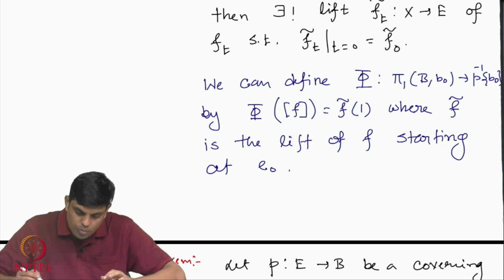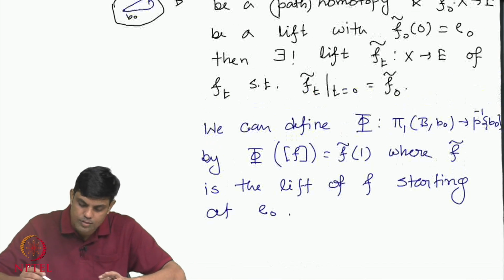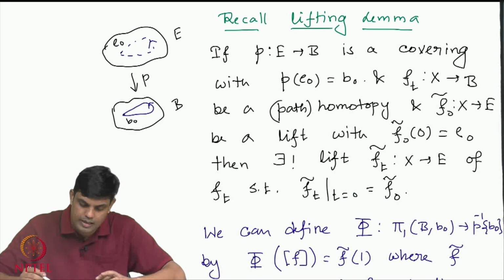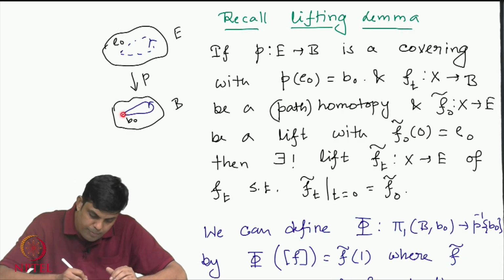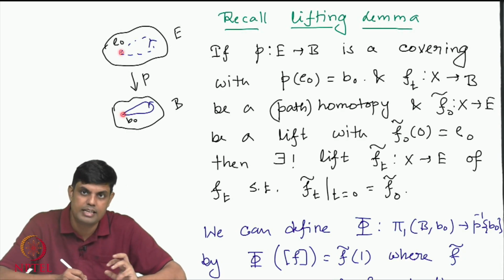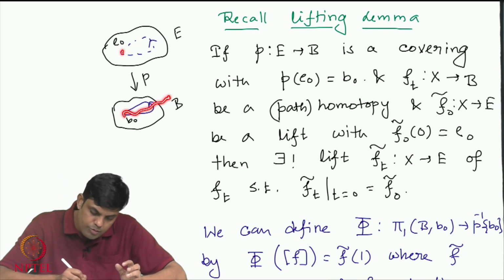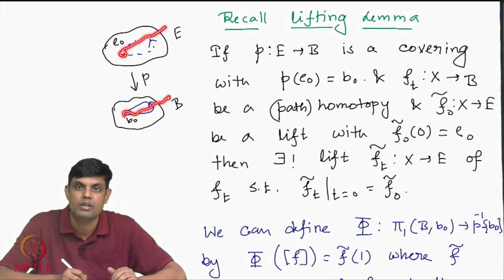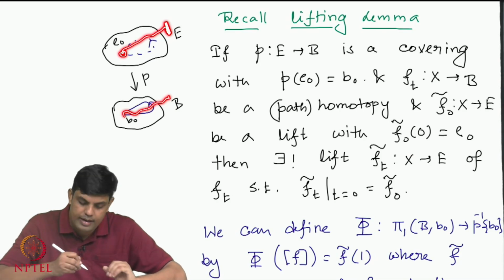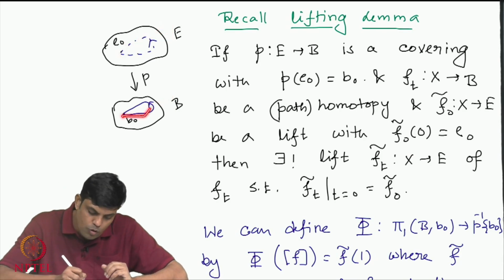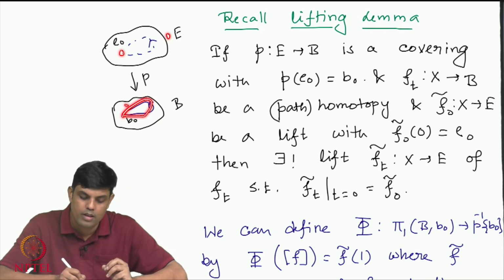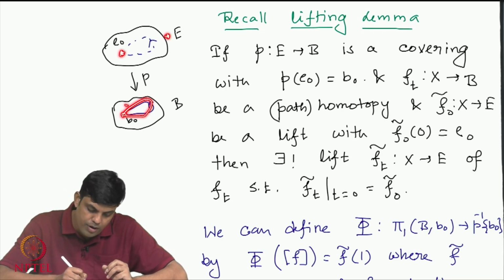What you do is, once I fix the lift of the base point B0, say E0, every path here lifts uniquely to a path which starts at E0. So, I look at the end point of that path, and I know that if this is a loop, then the end point of that loop maps to the same point B0.